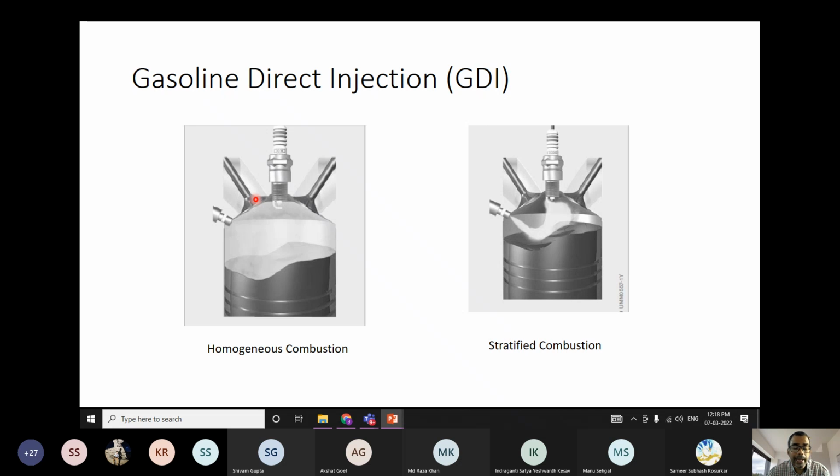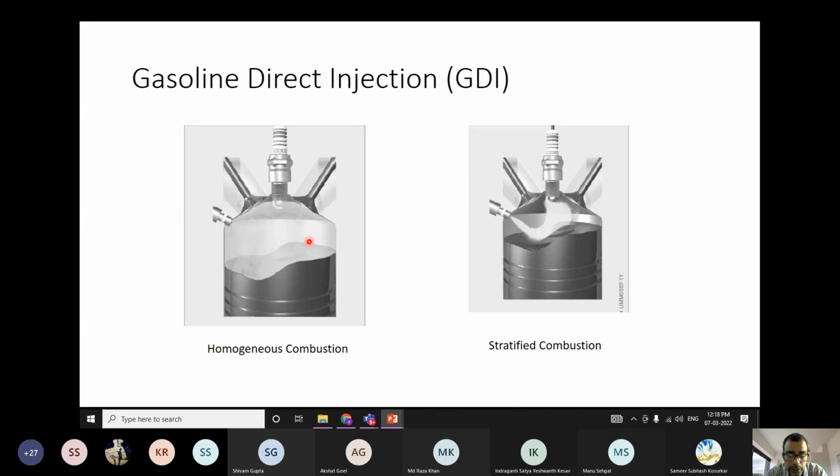From our calculations, the air-fuel ratio has to be a certain value, but since not all the injected fuel comes into the combustion chamber, the actual air-fuel ratio inside the chamber had some problem in the PFI mode. That problem is completely removed from the GDI engine. So that is one of the benefits.